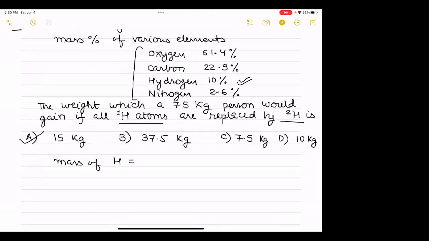So the mass of H is equal to 10% of the mass of the total human body, so 10% of 75 kgs, so it is 7.5 kgs. This is the mass of all the hydrogen present in a human body whose mass is 75 kg.